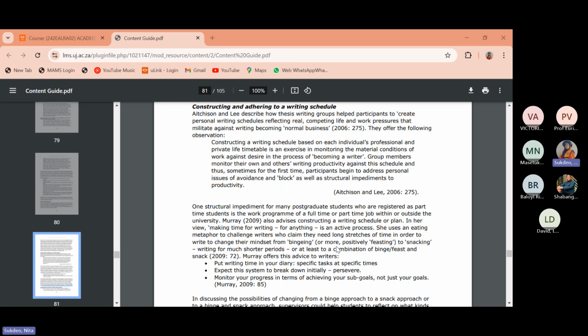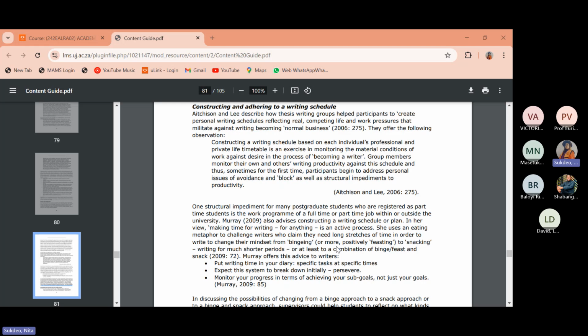It needs to be fair, reasonable, and obtainable by the student, enabling them to finish the qualification in that 2-year period if it's a master's, or 4-year period if it is a PhD. Generally, on the writing schedule or working schedule, I call it a project plan.